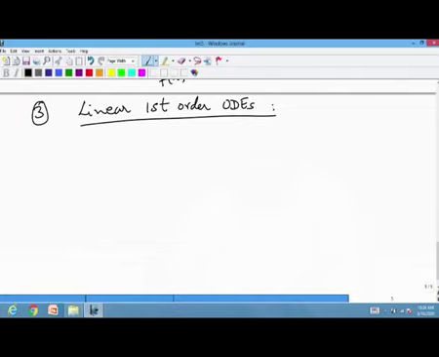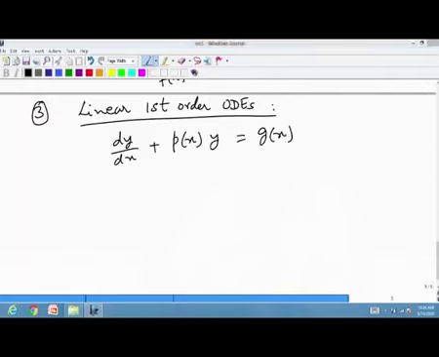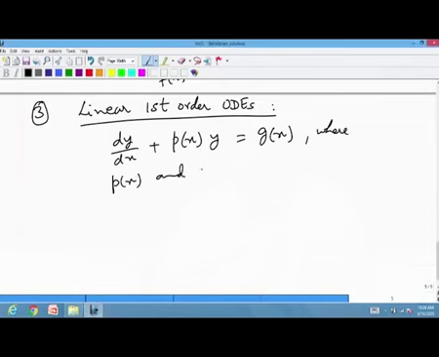So, a linear first order ODE is of the form dy dx plus p x times y equal to g of x, where p x and g x are given functions of x only.